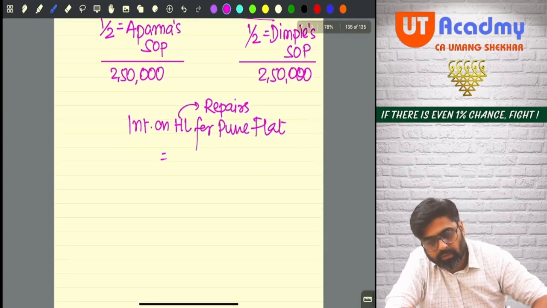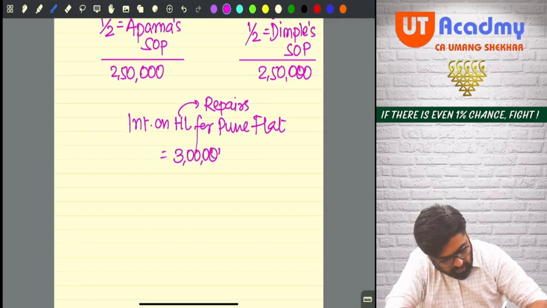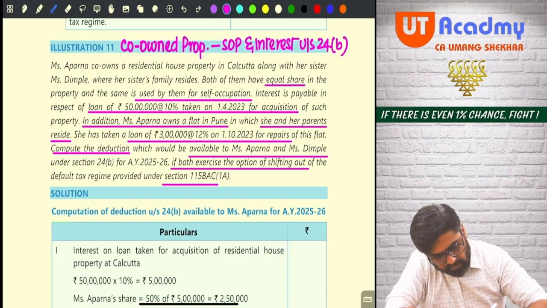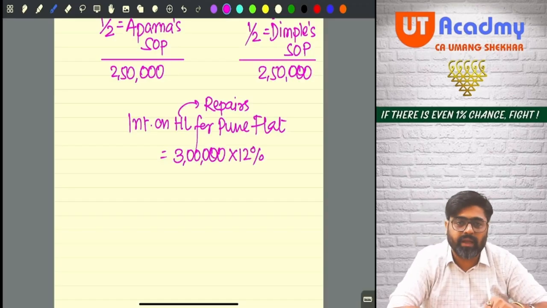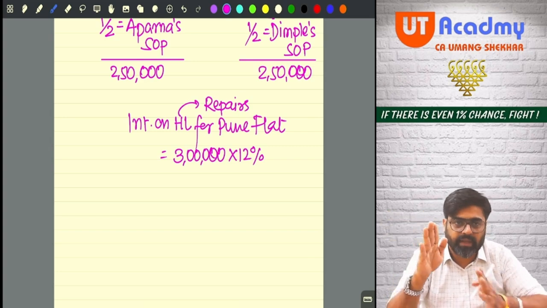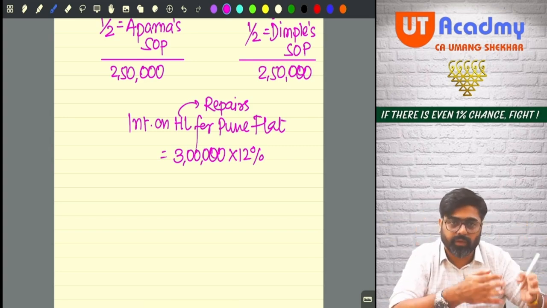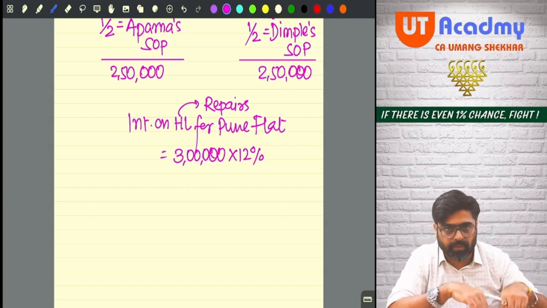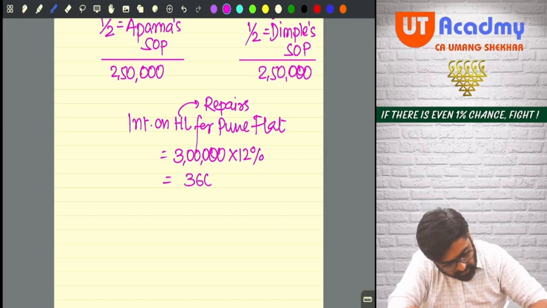On this, come on, tell me, how much was the loan? 3 lakhs. And what was the rate of interest? It was 12%. See, this 3 lakh loan was taken last year. So if nothing is mentioned, the entire loan is still pending in this year. So on that entire loan, I will have to pay 12% interest for this year. Okay, no? So that is 36,000.